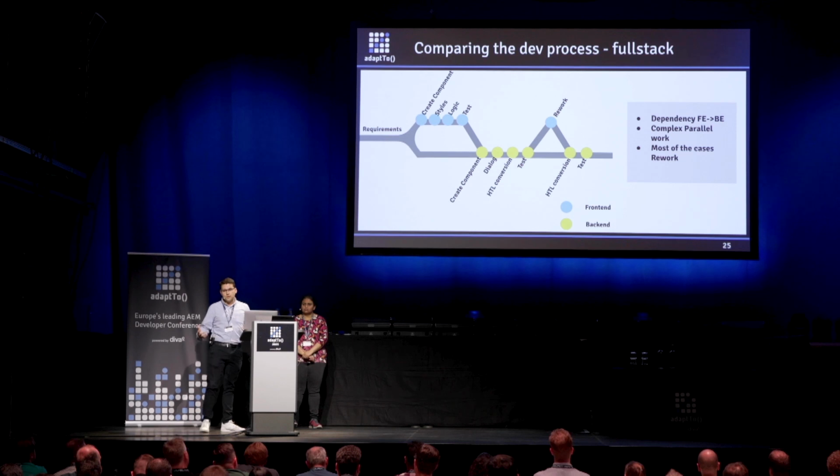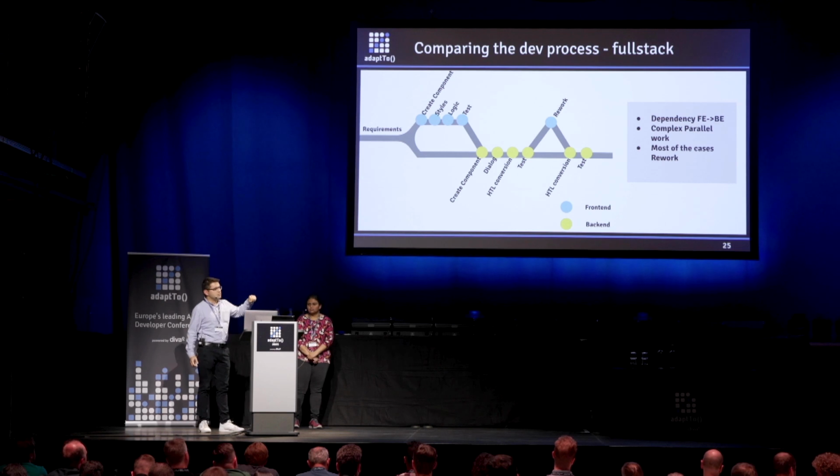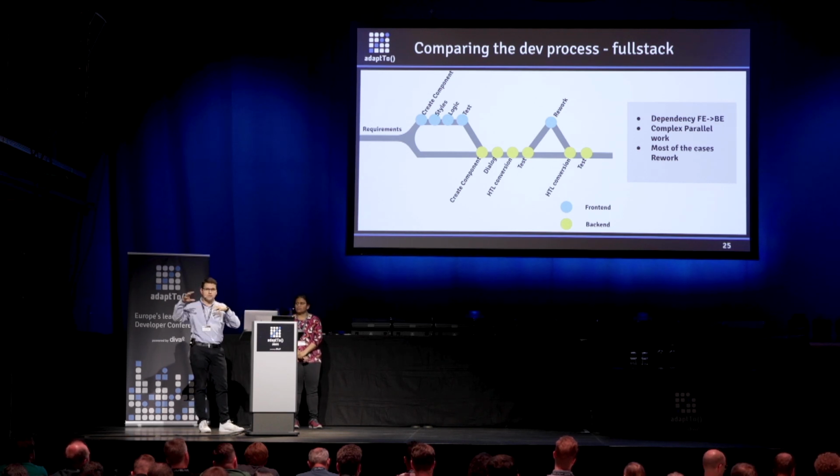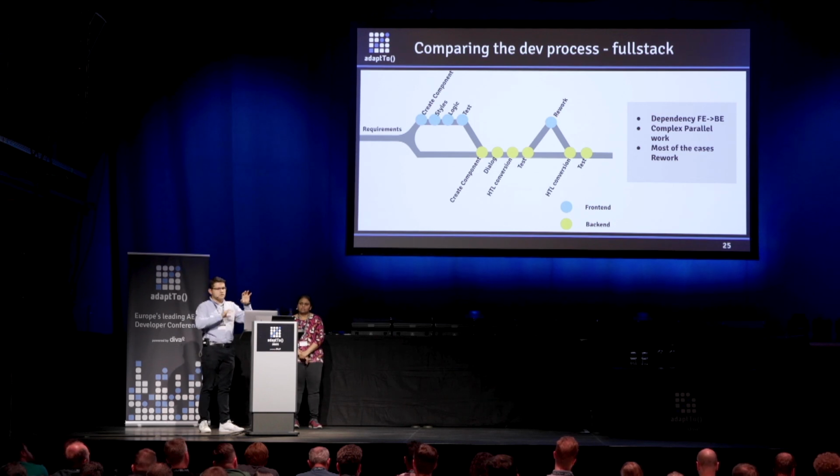We test it, and sometimes the styles that they made clash with the styles in authoring in AEM, and it doesn't look pretty in the authoring experience. Then we need to do rework. We check with them, okay, look, is this a style from AEM that is affecting? What can we do? I know you need to do this, that. Okay, we fix it. Again, HTML conversion, we test it, and it's done.